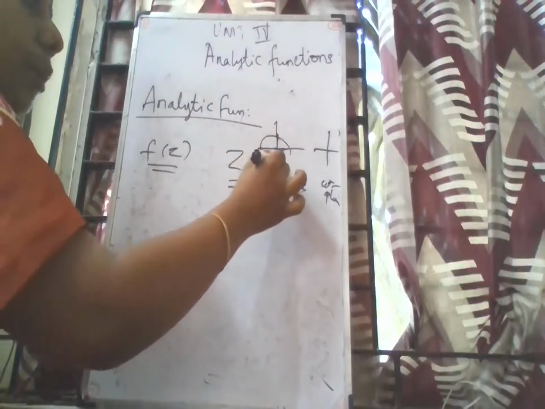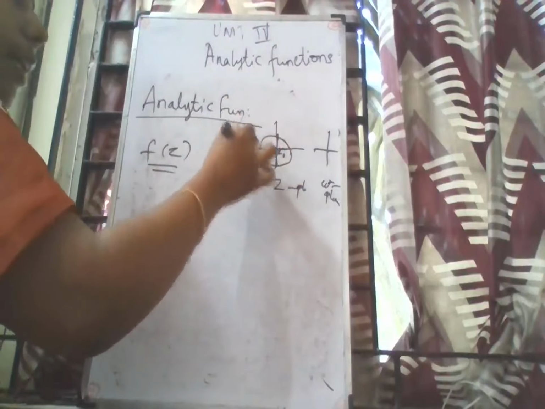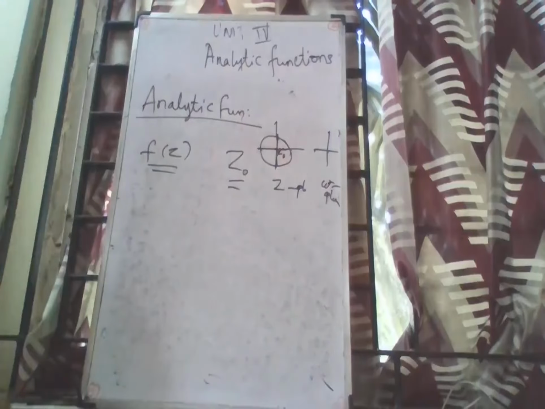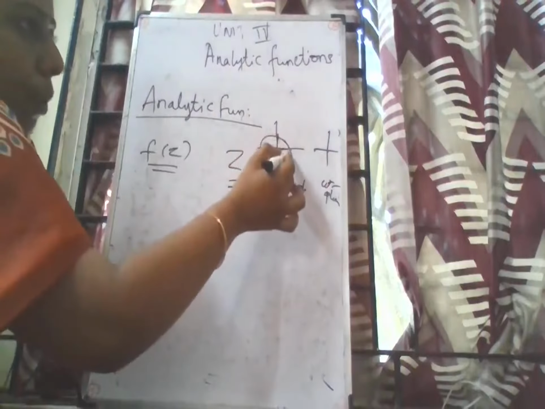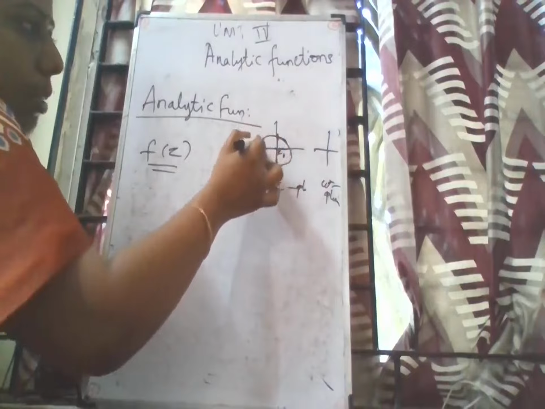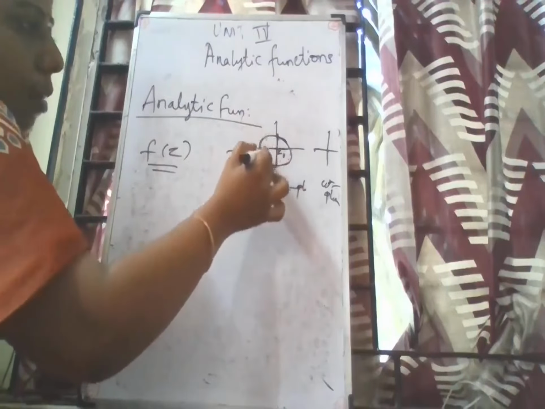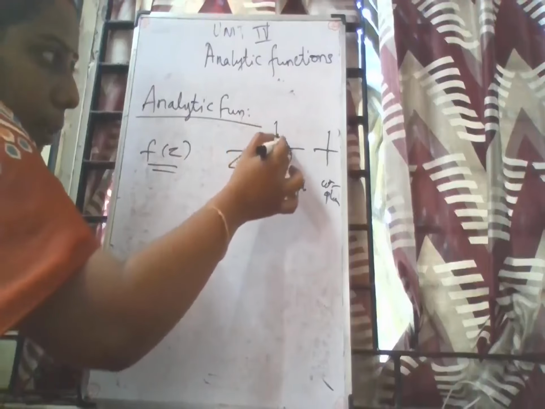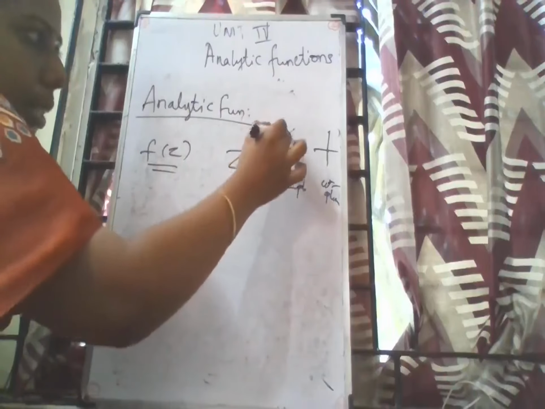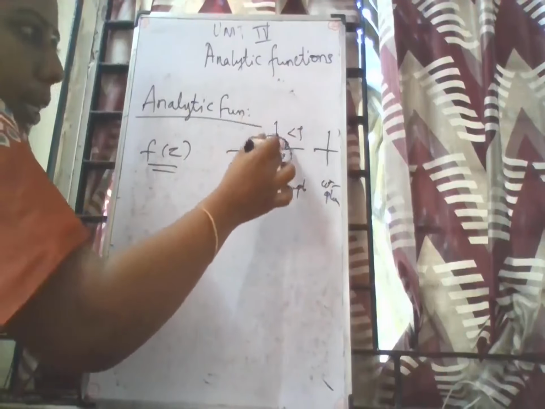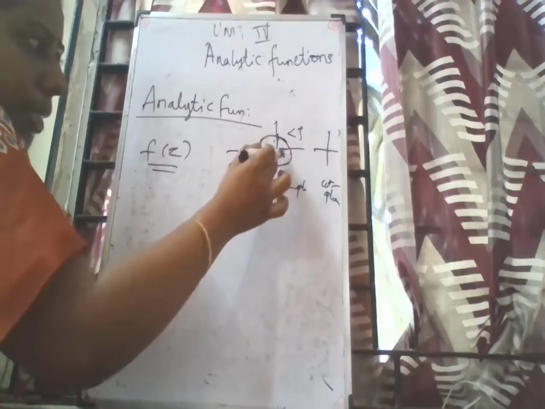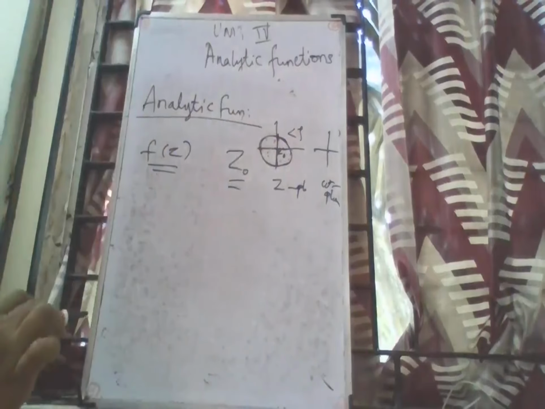And then what is a neighborhood of z naught? Yes, I already defined it in the previous definitions. So the neighborhood of z naught means all the points like here, here, here, here, here, inside the circle but not on the circle. Yes, because it is less than rho only, according to the definition. It doesn't include the radius. So all the points inside the circle. Okay, it's fine. It's like this.